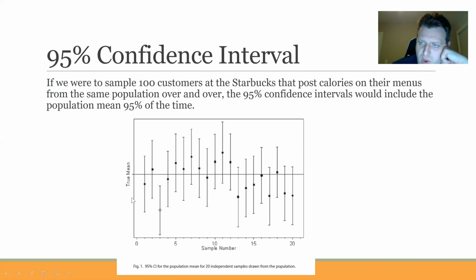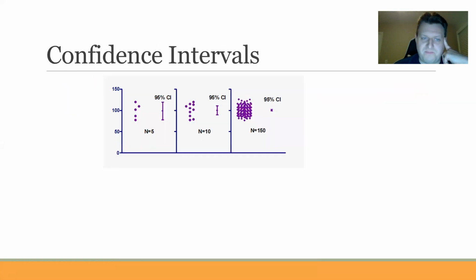But there's this one rogue study that does not include the true population mean. So 95% of these confidence intervals include the true population mean. In the long run, if we were to do this an infinite number of times, 95% of the time the confidence intervals would encapsulate the true population mean. Okay, get that interpretation in your head.